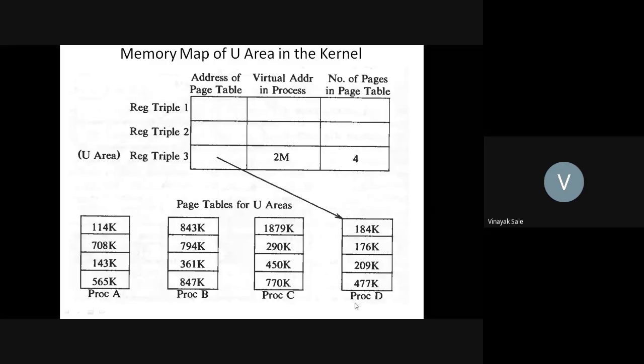While executing a particular process in user mode, there is no access required to the user area address space, but when executing in kernel mode, then access to the user area is required.